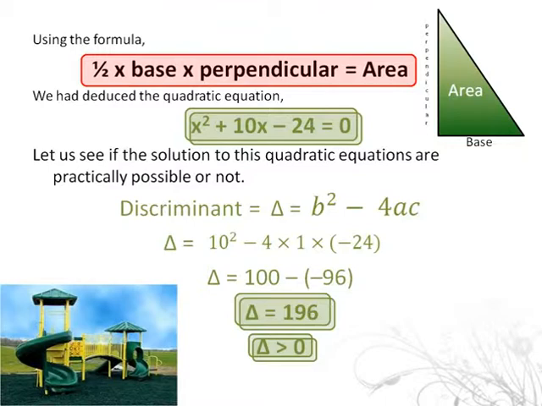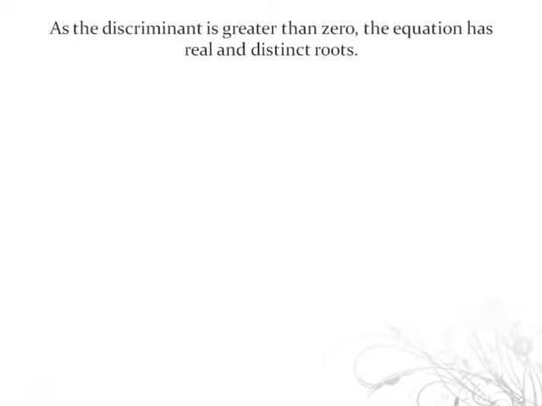So such a triangle can exist. As the discriminant is greater than 0, the equation has real and distinct roots. We saw this, that the parabola will cut the x-axis at two distinct points, and this right triangular playground can exist. Let us find the dimensions of the two sides of this right triangular playground.